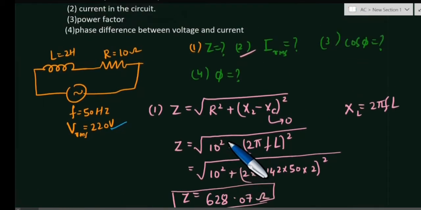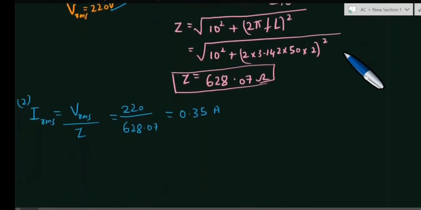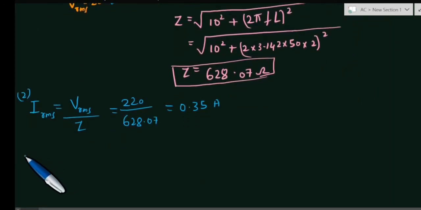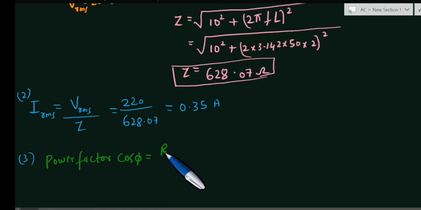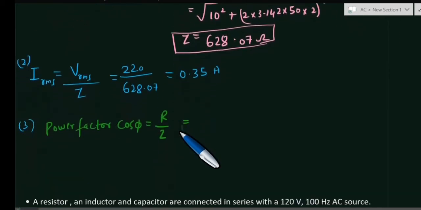And next, third one, what is the value of cos phi? That is power factor. Power factor, cos phi is equal to R divided by Z. The value of R given in a question, that is 10 ohm, and Z value we found it.